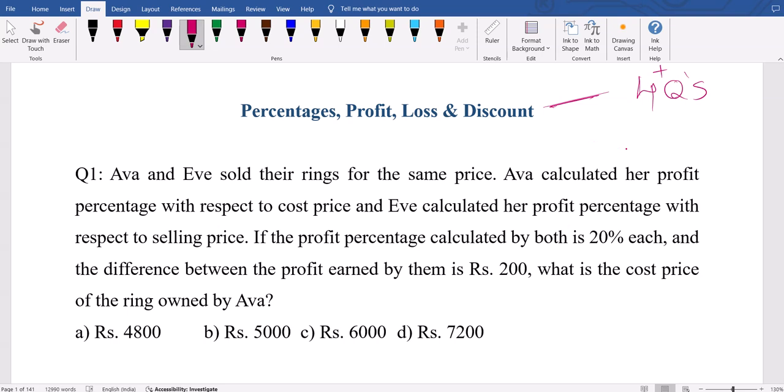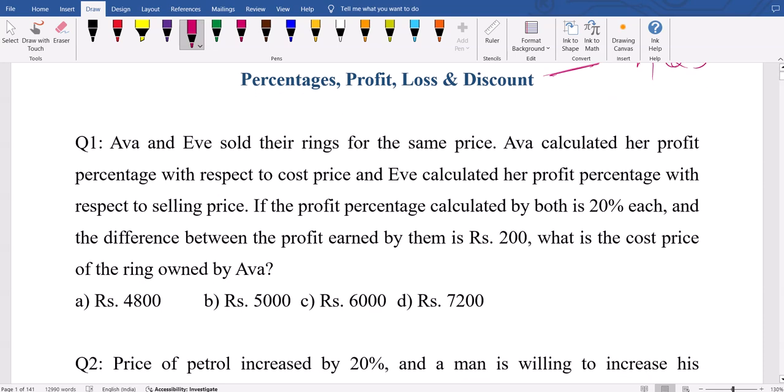Here, two people sold their rings for the same price. A calculated profit percentage with respect to cost price, E calculated with respect to selling price. If the profit percentage for both is 20% and the difference is 200, what is the cost price?